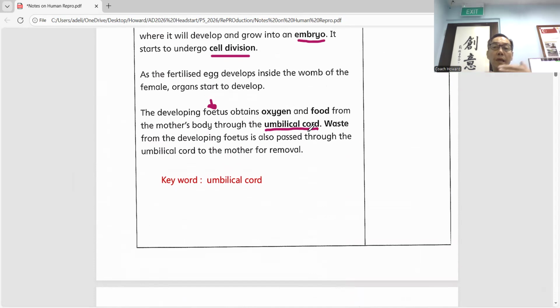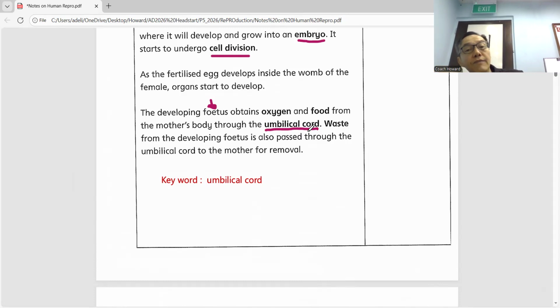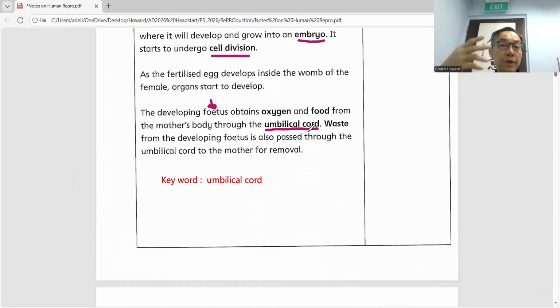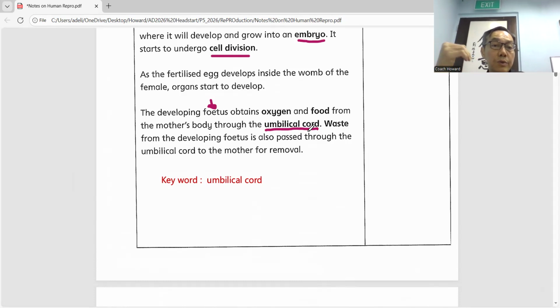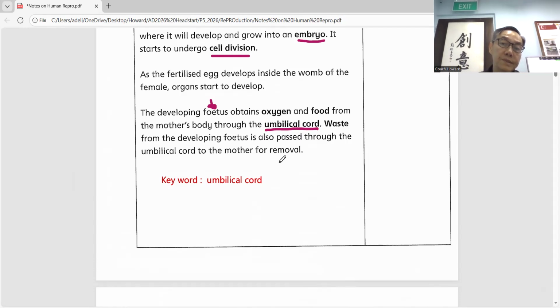So it's like a two-way lane. From the mother, the fetus receives oxygen and digested food. Then the child needs to urinate or excrete the waste, and it's also through the umbilical cord. And also during respiration, the fetus produces carbon dioxide. So carbon dioxide also goes through the umbilical cord to the mother for removal.